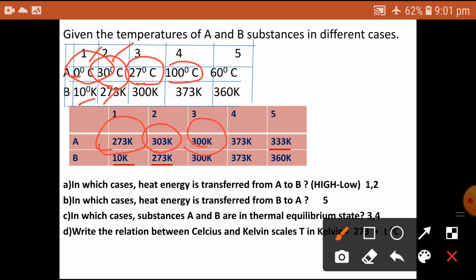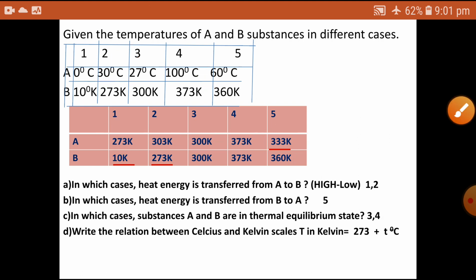And 100 degrees centigrade, 100 plus 273 gives rise to 373 Kelvin. And 60 degrees centigrade, 60 plus 273 gives rise to 333 Kelvin. Likewise, I converted all the temperatures of A from degree centigrade to Kelvin scale by adding 273 to the centigrade temperature.